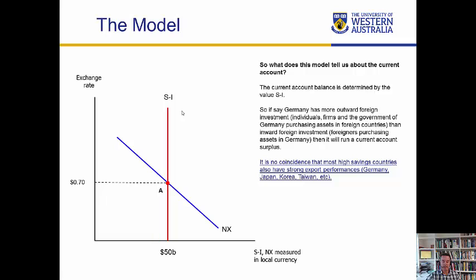It also highlights that it's very difficult to move countries like Australia, the United States and the UK from current account deficits to current account surpluses. While a country is running a current account deficit, it will also be selling more and more of its shares, bonds, real estate and other assets to foreigners. In a way, it's the sale of those assets that finances the current account deficit.